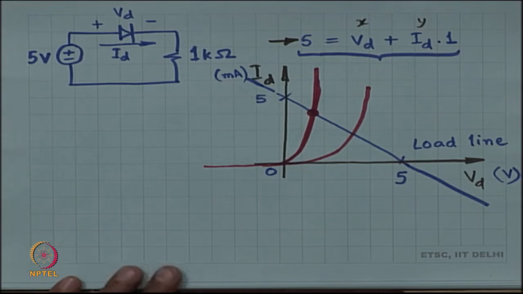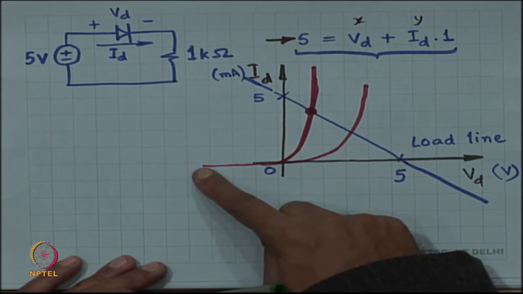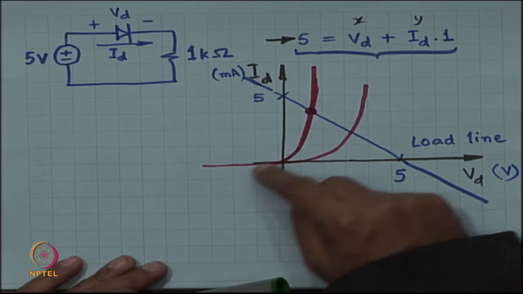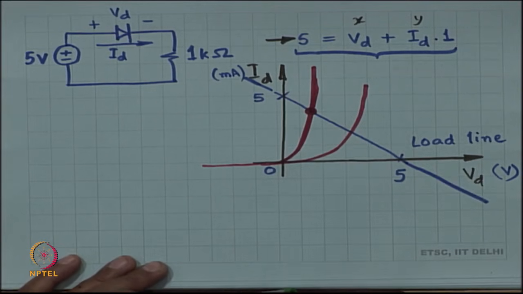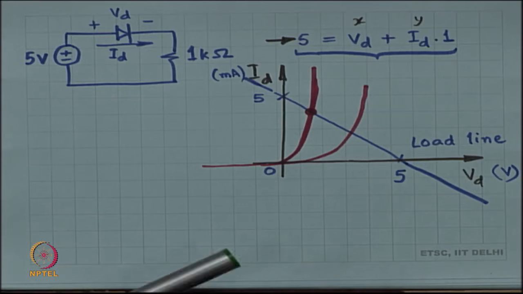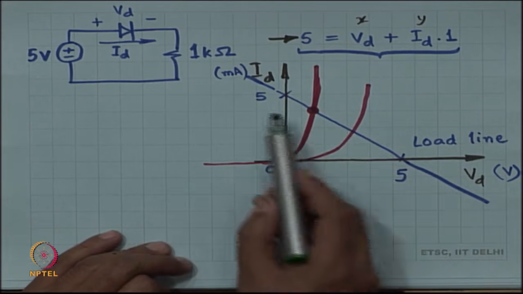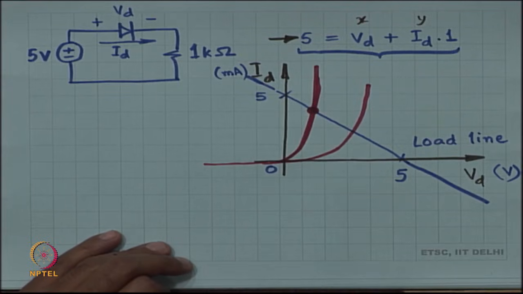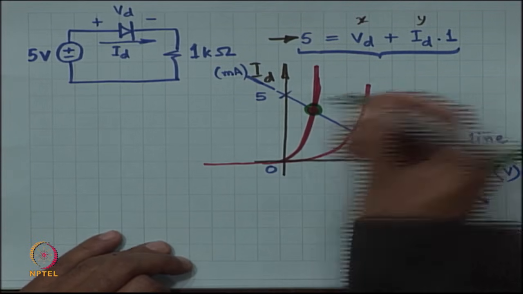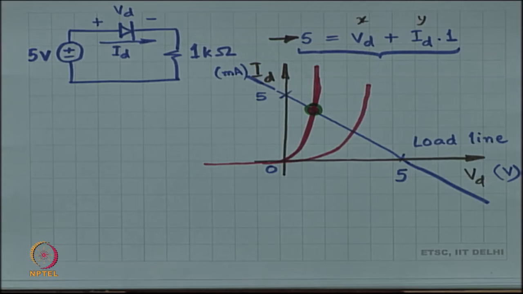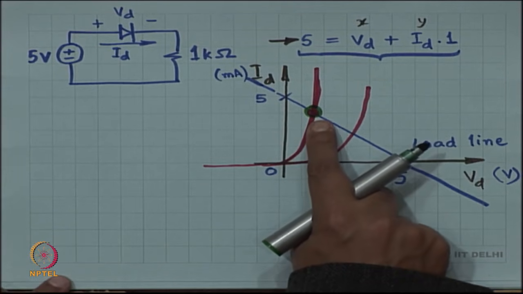Now, you bring in the diode and say that because it is a diode, it has to follow this red graph. And now, if it also has to follow the red graph, then the only point that satisfies both the red graph and the fact that it has to satisfy KCL and KVL is this point of intersection. So, this is the actual point of operation.